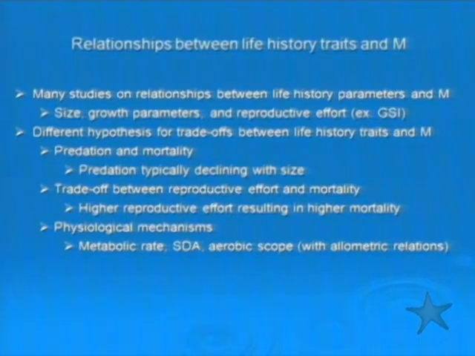Trade-offs between reproductive effort and mortality are also assumed, with higher reproductive effort resulting in higher mortality. And there are also some hypotheses based on physiological mechanisms that, because of allometric relationships, will influence metabolic rate, standard dynamic action, and aerobic scope, which will result in higher mortality in juvenile fish.